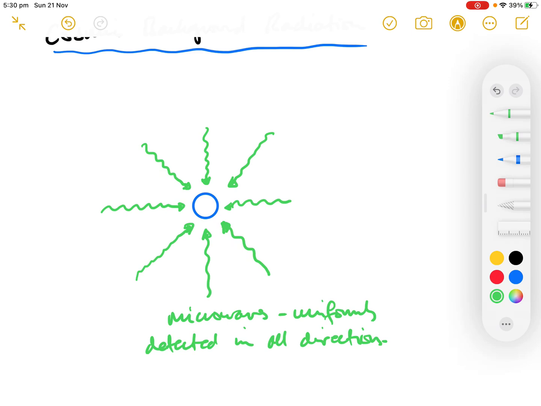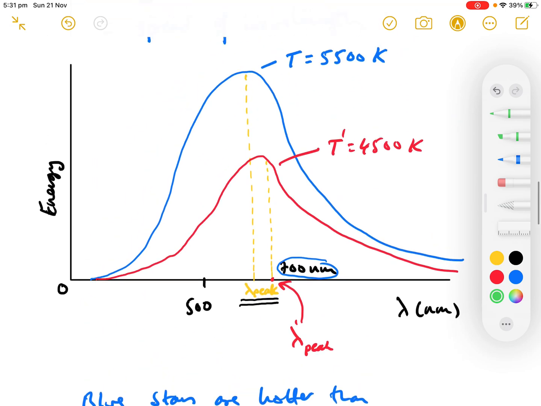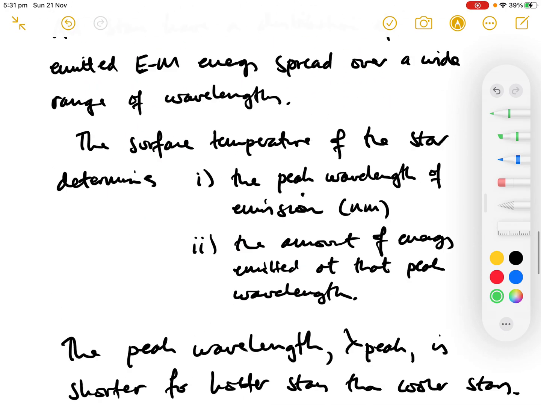Now, the only explanation for that was that these microwaves must have been created not long after the Big Bang itself. So their wavelength has been measured, and when you measure the wavelength of radiation, you've got your lambda, it tells you what sort of temperature that corresponds to.